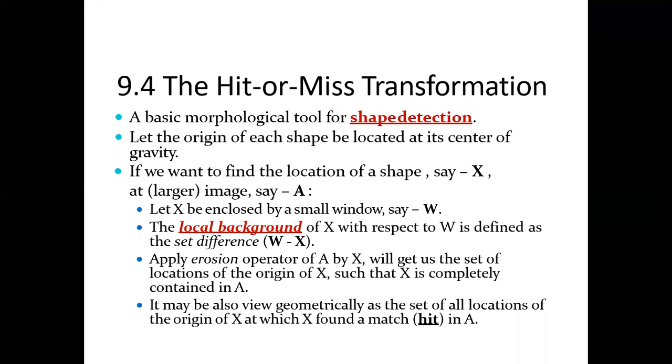Next is the hit or miss transformation, the basic morphological tool for shape detection. Let the origin of the shape be located at its center of gravity.